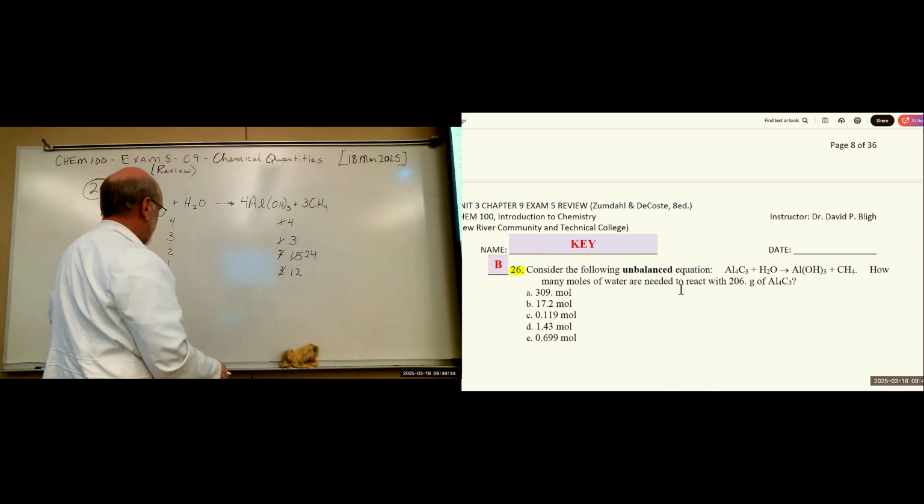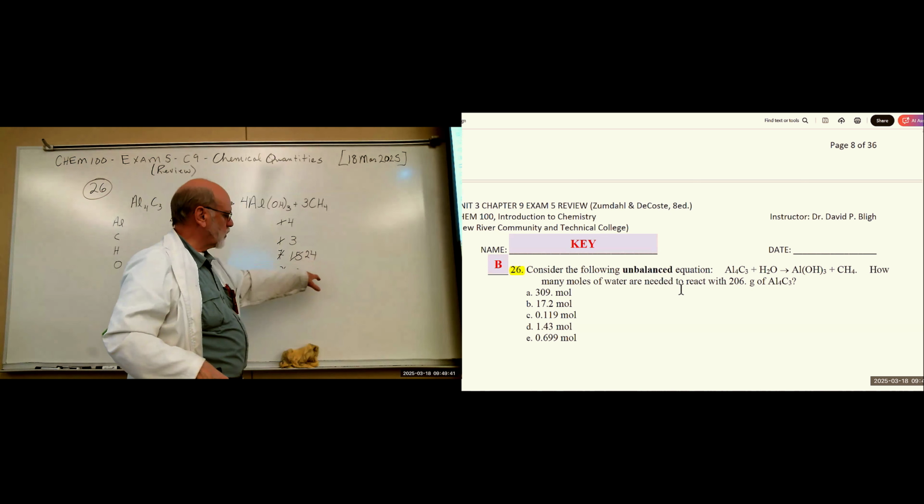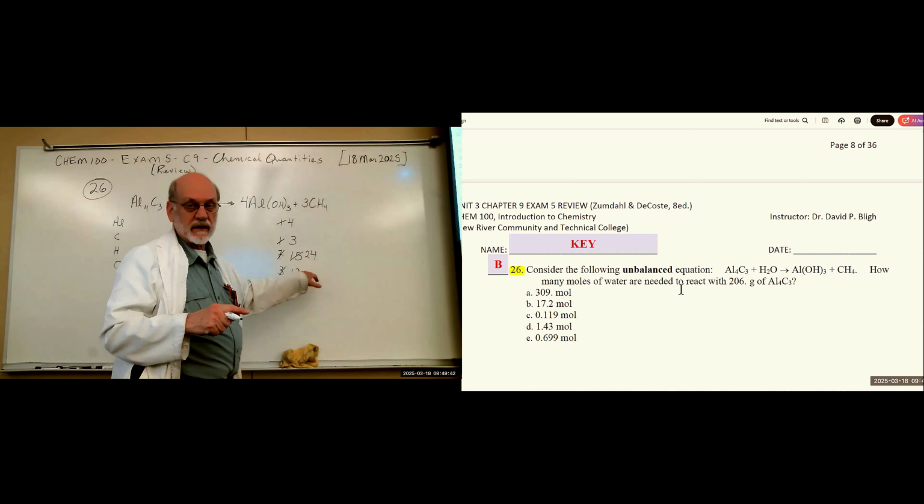All right. Now, something you may not notice is the ratio. 24 to 12 is 2 to 1. So if we just simply put a 12 in front here, that's 24 hydrogens and 12 oxygens. 12, 24, 3, and 4.